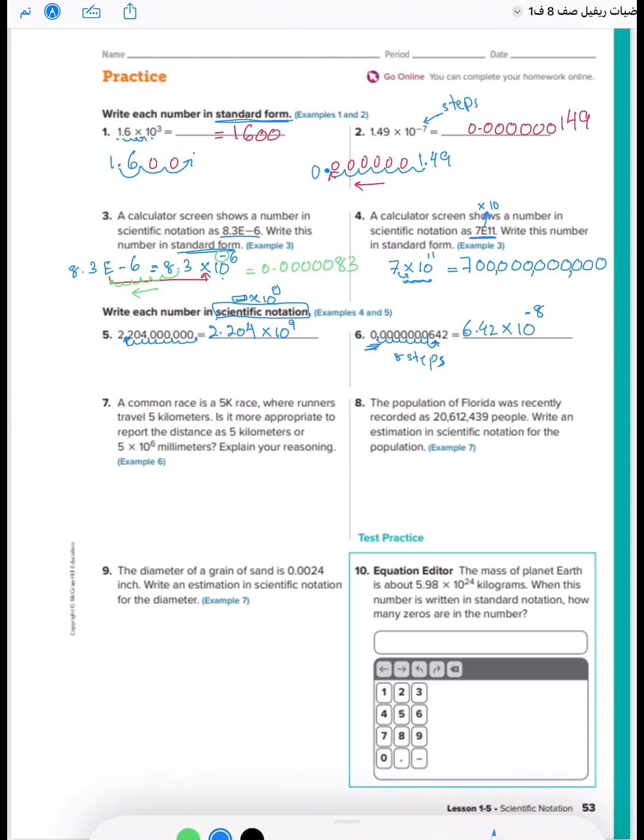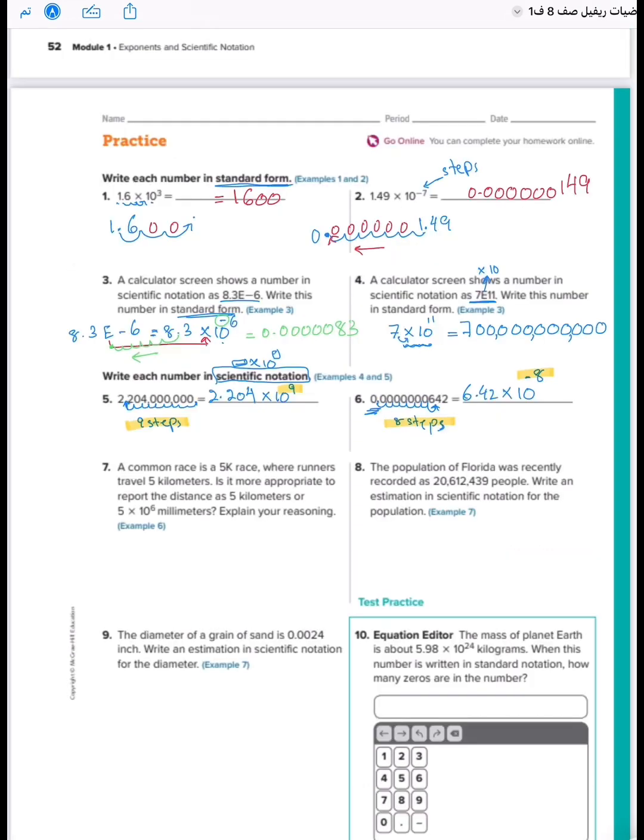Don't miss the steps. 8 steps. So write it here. Okay? So the power is the number of steps. Here, 9 steps. We write, this is 9 steps. Write it here as the power. Okay?